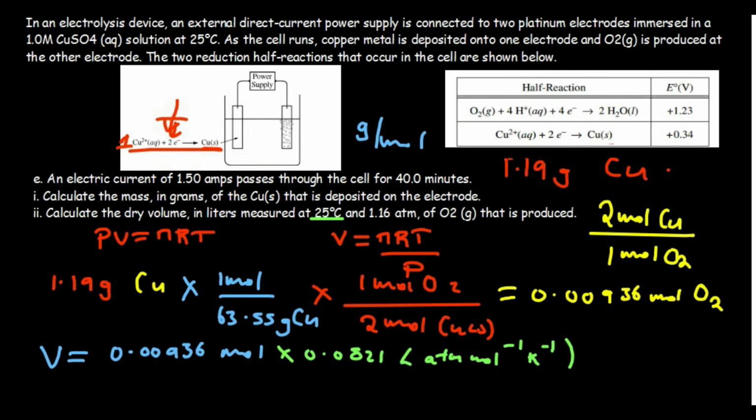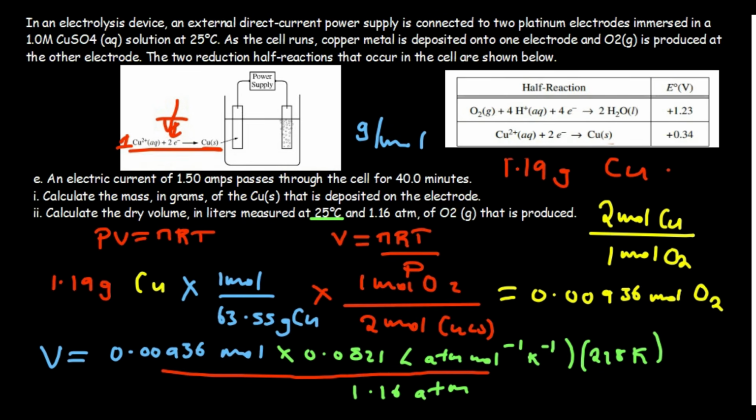So you add 273, you'll be able to get 298 Kelvin. All these values are to be divided by the pressure, which has been given to be 1.16 atm. Okay, so what do we get there? Multiply what is on top and then divide by what's on the bottom. So the volume that we expect to be produced, considering 100% efficiency of the current that was used, we end up with 0.197 liters.